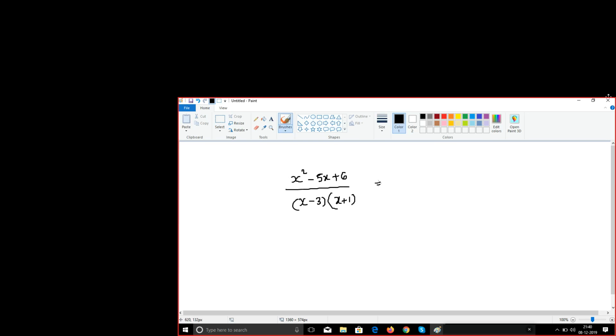If you look at it directly, you're not able to find any common term, but since it's a quadratic expression, you can factorize it. If I factorize this, I'll get x minus 3 times x minus 2 divided by x minus 3 times x plus 1. I can say x minus 3 cancels out. Final answer is x minus 2 divided by x plus 1.